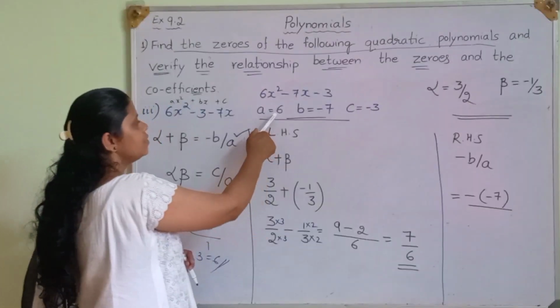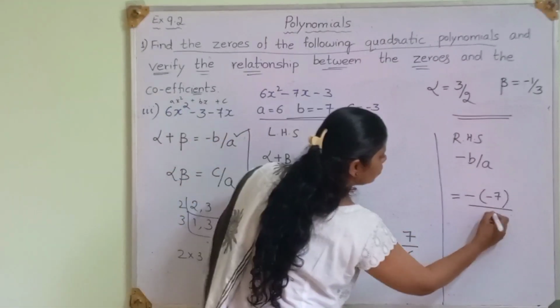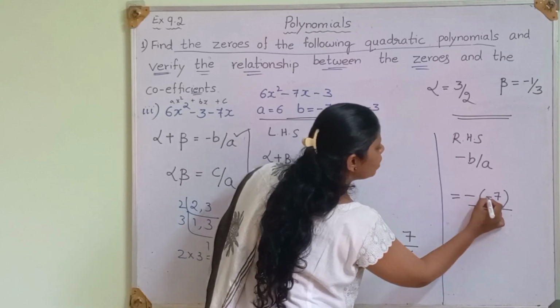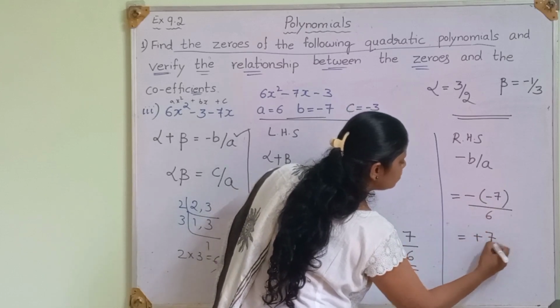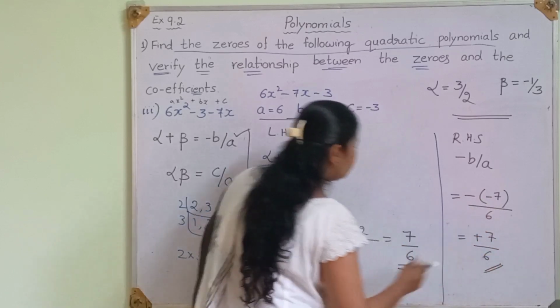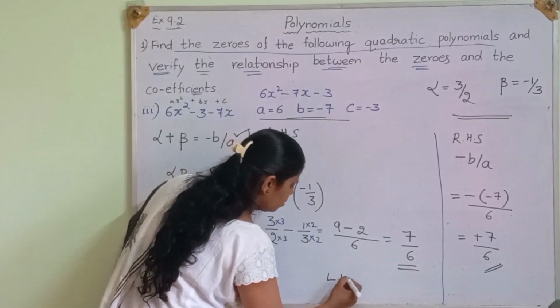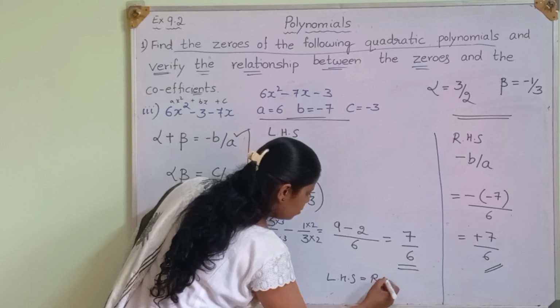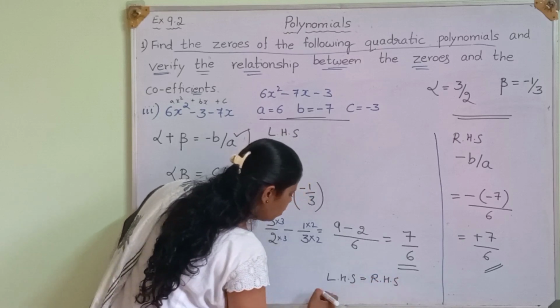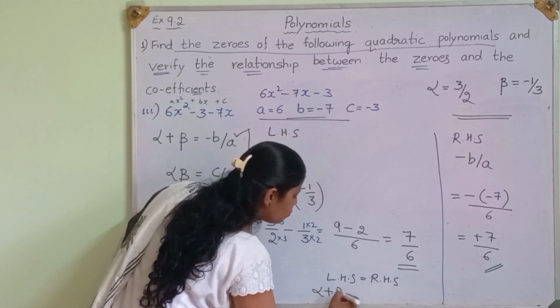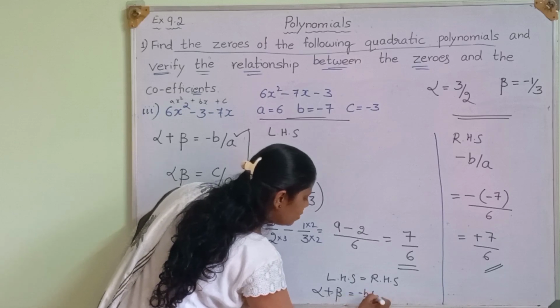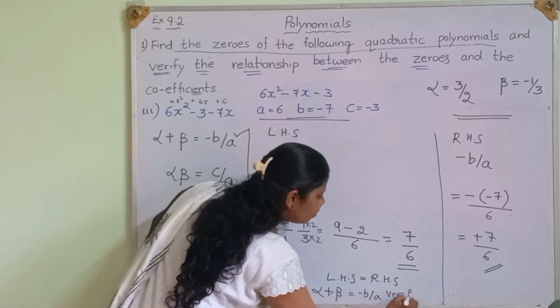The value of a is 6. Minus into minus is plus 7 divided by 6. You can see that LHS is equal to RHS. Therefore, the formula alpha plus beta is equal to minus b by a is verified.